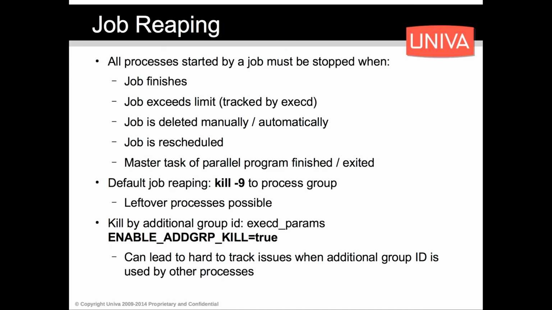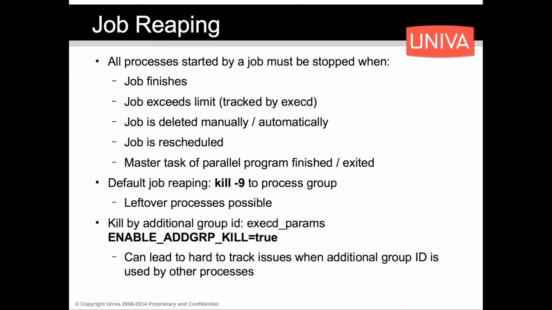The default behavior of Grid Engine is sending a kill signal to the process group of the job. But this can lead to leftover processes. One example would be when you are requesting a GVIM session via qrsh.